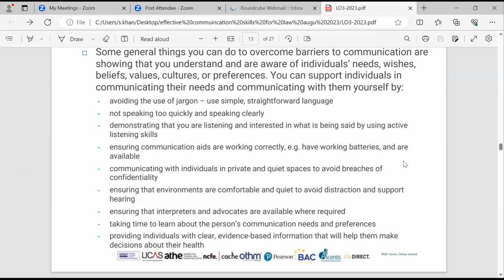Why do you think it's so important to ensure that everything is kept confidential? I think it's to build trust in the clients. To build trust. To have what, sorry? I said to build trust, for the client to build trust in the carer.